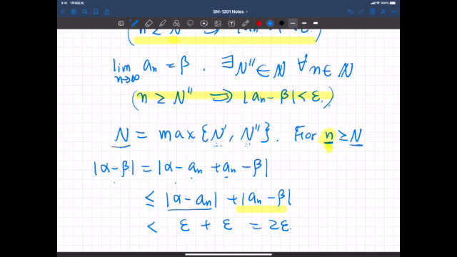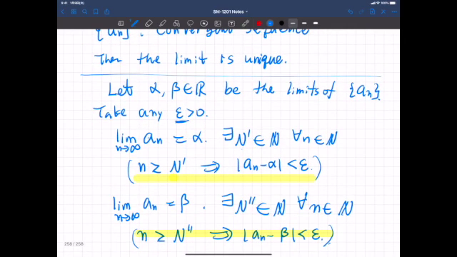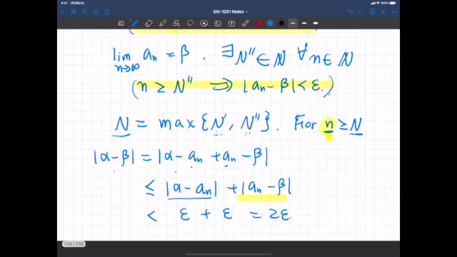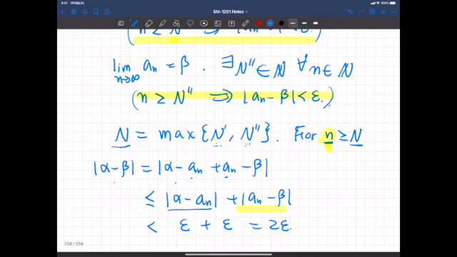Okay, so this means we are taking epsilon as any positive real number. So this inequality, |alpha minus beta| less than 2 epsilon, means this quantity is less than any arbitrarily chosen positive number.